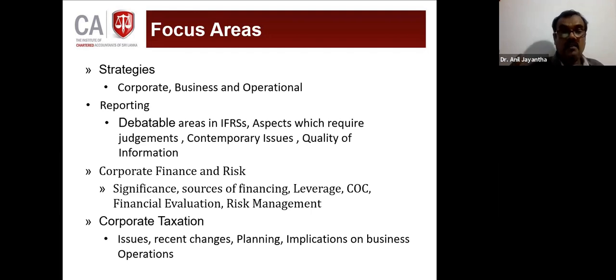Among them, accounting standards, IFRSs, SLFRSs rather. Sorry, I just put the word IFRSs, no matter, because we use these terms interchangeably. So this is Sri Lanka Financial Reporting Standards. There are some critical issues, debatable areas, or areas where we need to pay more attention, that can be tested.